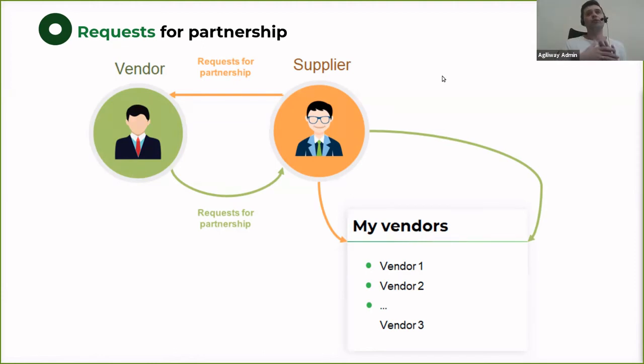If the supplier wants to have some deals with the vendor, he can approve it, and after successful negotiation, he can become the partner of this supplier. After that, they can make some deals.